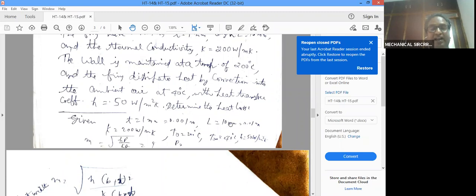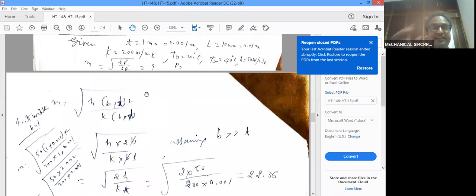Length of the fin is 10 mm, that is 0.01 meters. Thermal conductivity 200 watt per meter Kelvin, T naught 200 degrees centigrade, T free stream 40 degrees centigrade, h value 50 watt per meter square Kelvin. So here root hPkA into T naught minus T free stream.